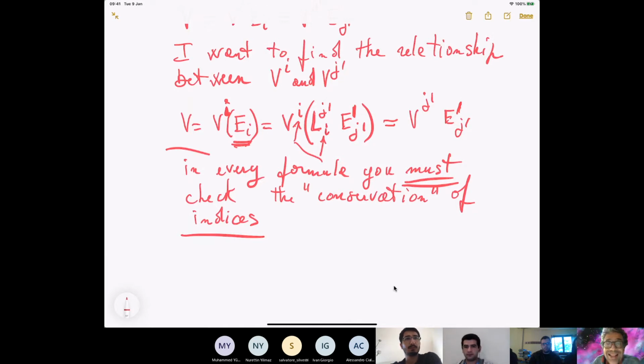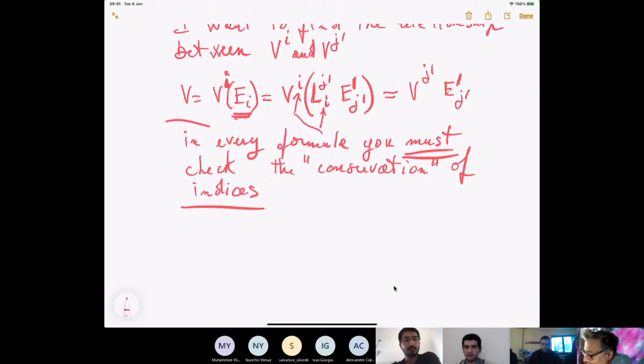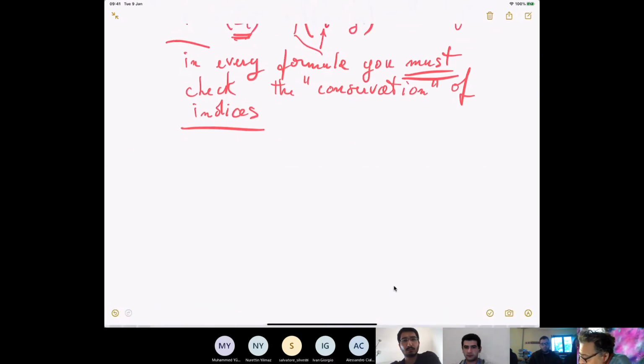And this can be extremely confusing. Okay, so I try to keep this prime for a long time enough until you become accustomed with the notation.